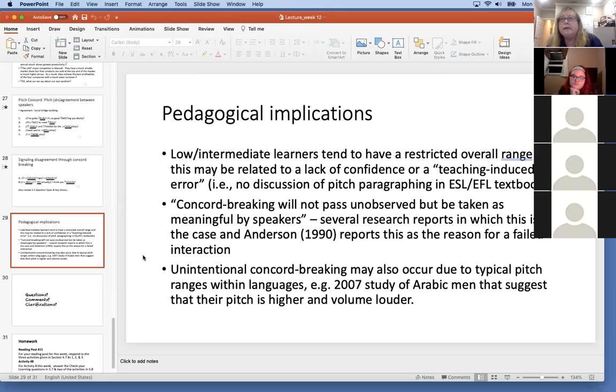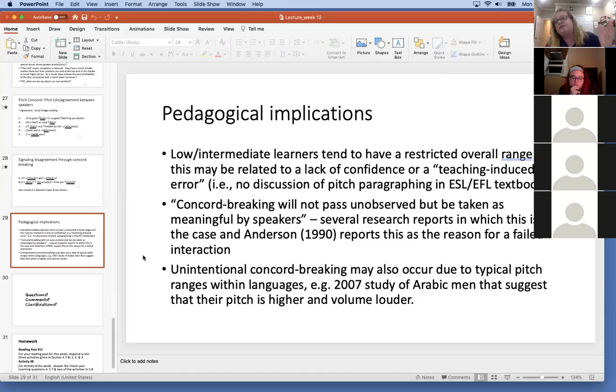Unintentional concord breaking can also occur due to typical pitch ranges. This is where I've talked about Japanese high choice sociocultural pitch, but also there's a study from 2007 of Arabic men that suggests that overall Arabic men speak Arabic higher and louder than an English equivalent male would.